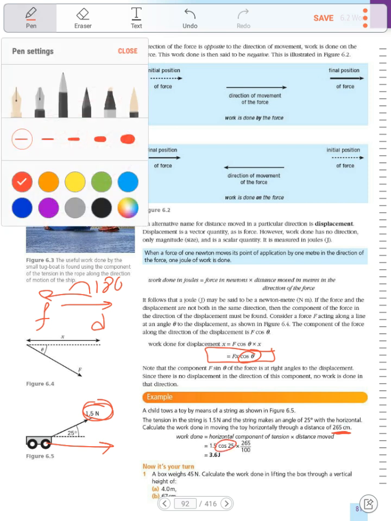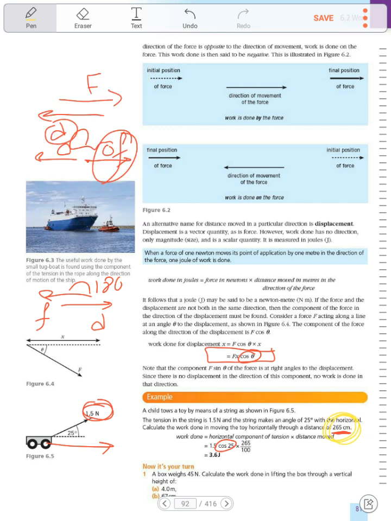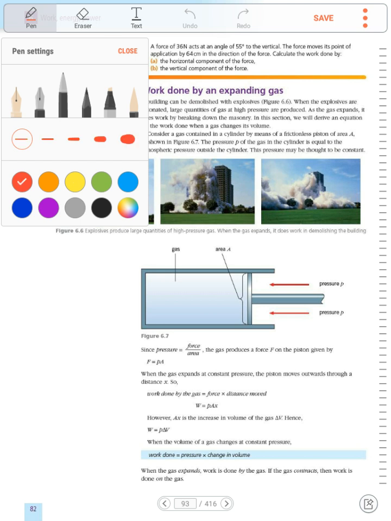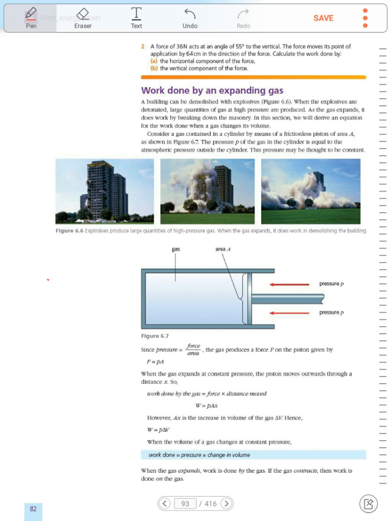You have to remember to change this distance from centimeters to meters by dividing by 100. Why? To have the unit joule. Okay? In your exams, the unit is given, so you have to change the value depending on the unit the examiner wants the reading measured in.